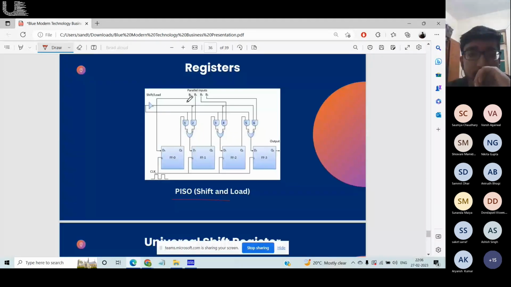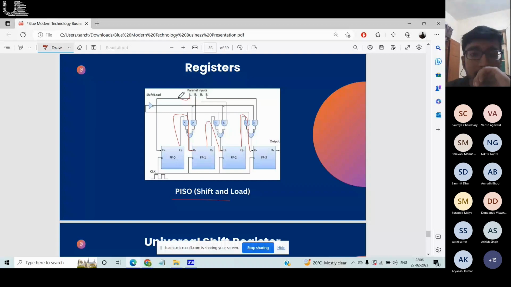One is parallel inputs, all like B0, B1, B2, B3, and the serial input that is coming in here, right? This is connected to this, like in the previous one. I mean, the serial one, as well as this is connected to this, right? This is connected to this as well.